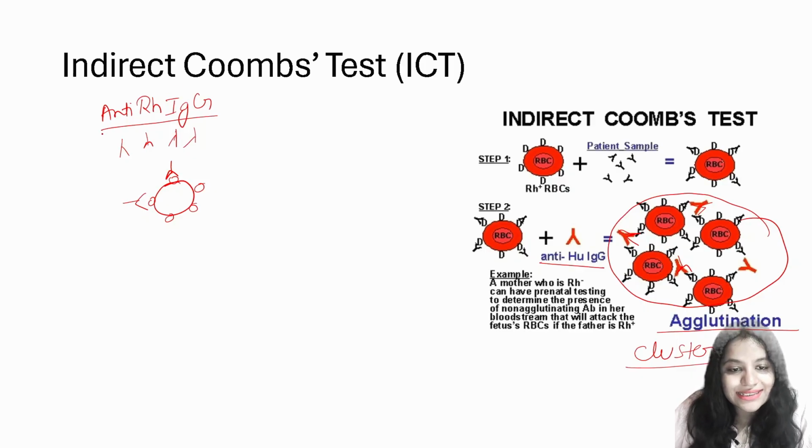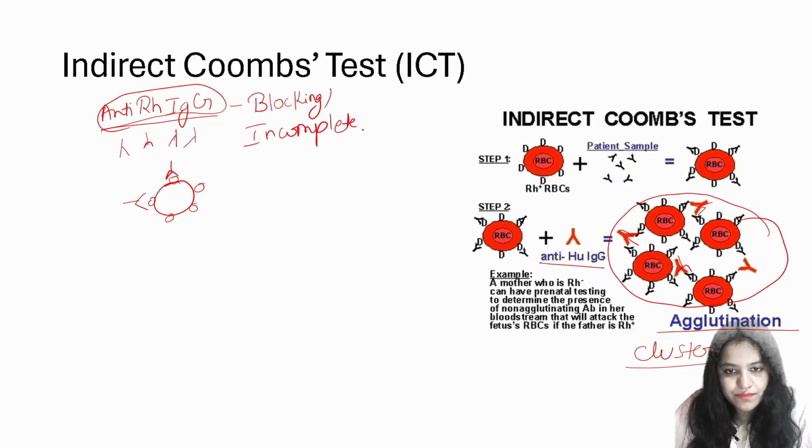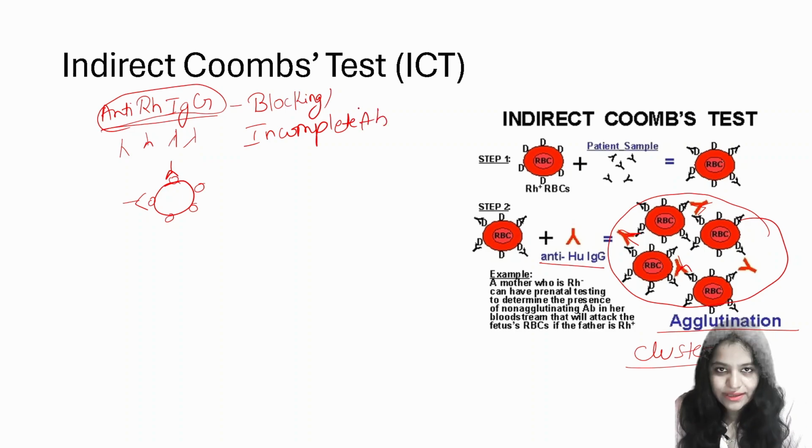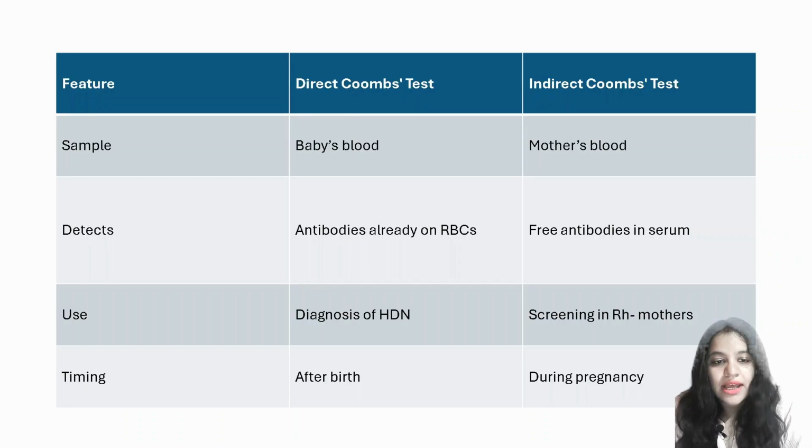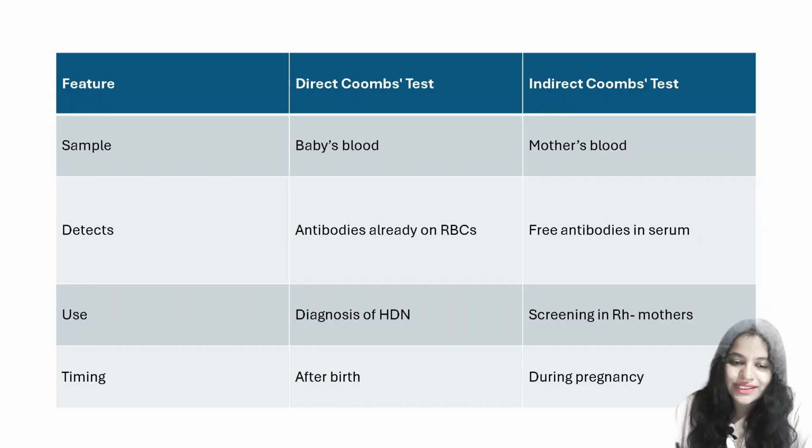Since this anti-Rh IgG cannot do this, we also call these blocking antibodies or incomplete antibodies. Okay, clear?